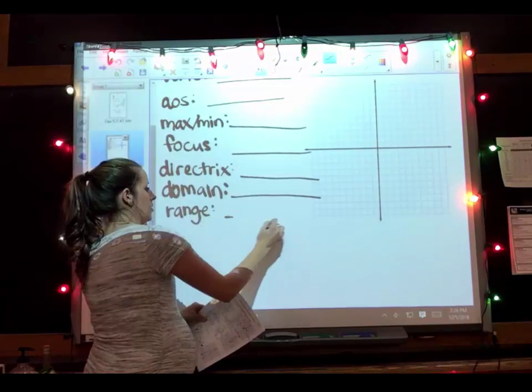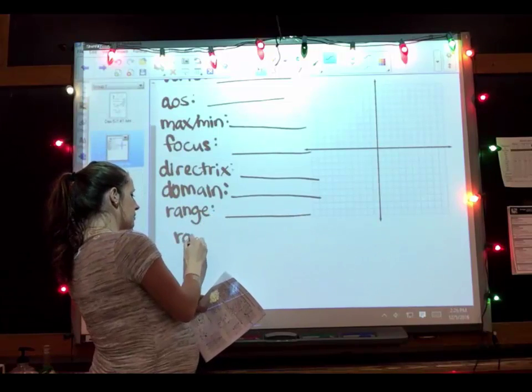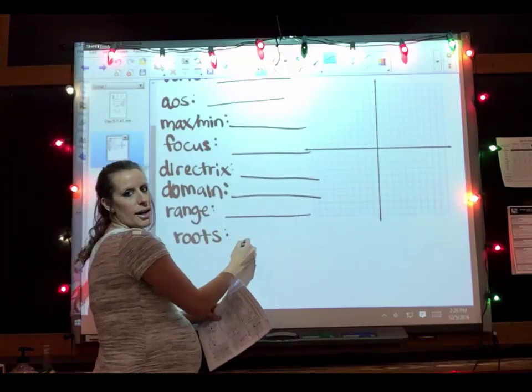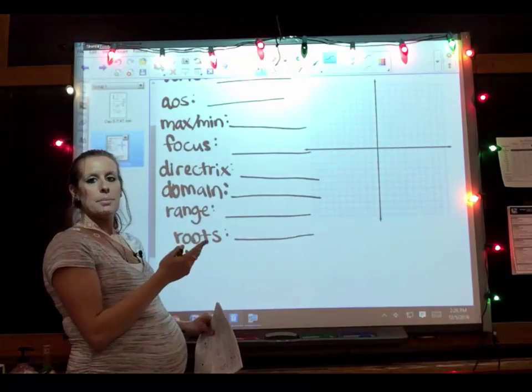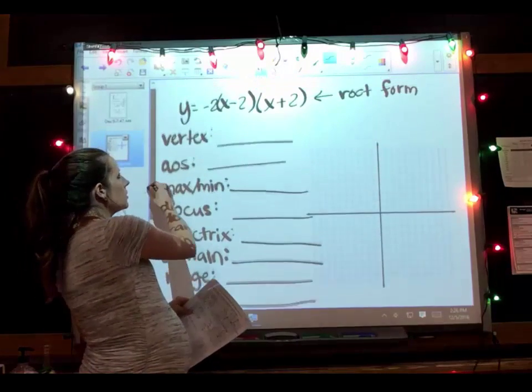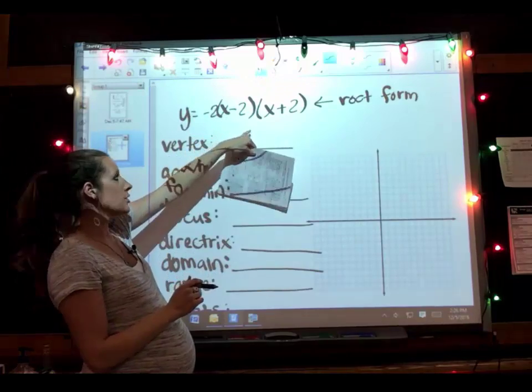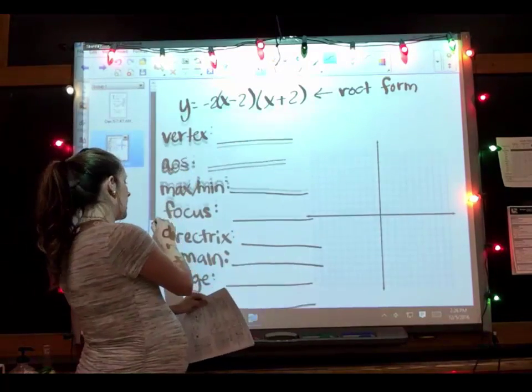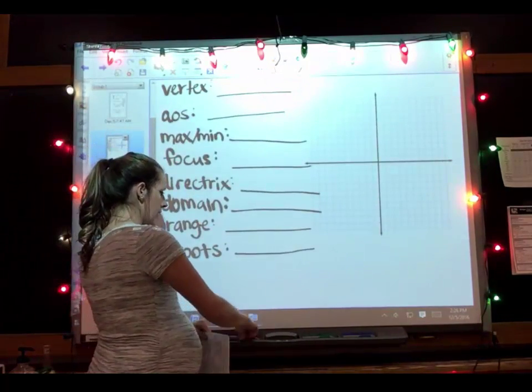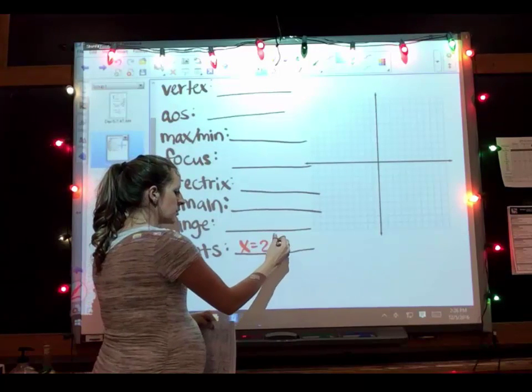Okay, so your roots for this problem, if you remember from yesterday, you do the opposite of your factors. So the opposite of my first factor would be a positive 2, and the second one would be a negative 2. Okay. So x equals positive 2, and x equals negative 2.